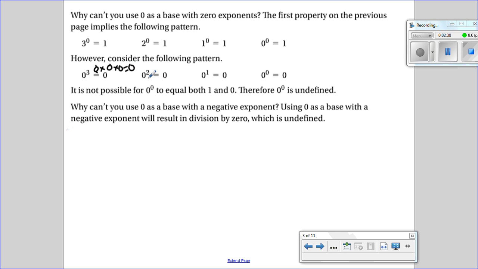You can't multiply something times 0 and not get 0. So 0 squared is 0, and 0 to the first power is 0. So therefore 0 to the 0 power is 0, you would think. Following both of those patterns, you would think it should equal either 1 or 0, and you could actually make a case for both of them, but what it actually is, is undefined. So if you have 0 to the 0 power, it is undefined.